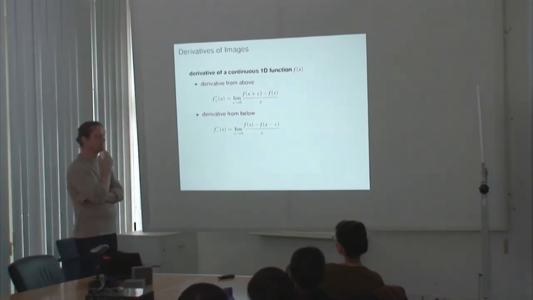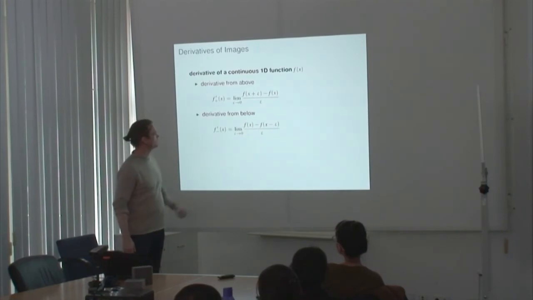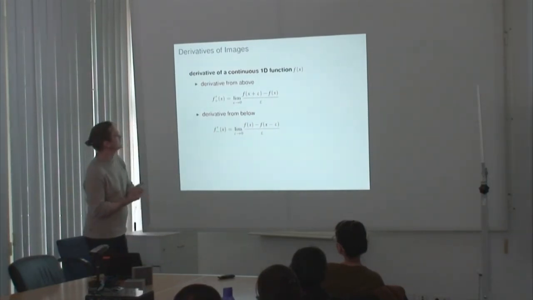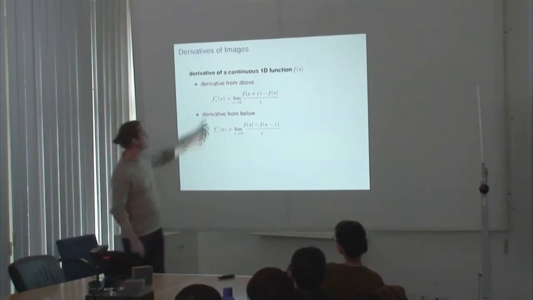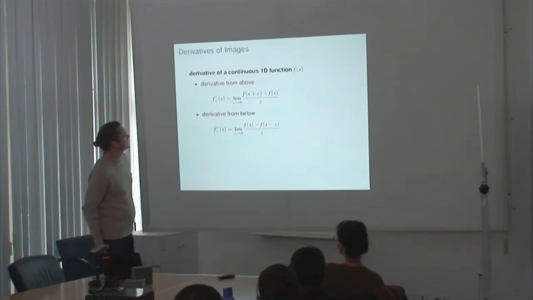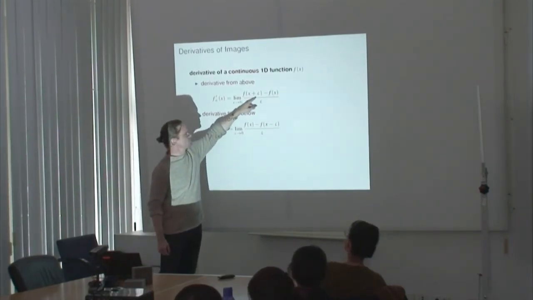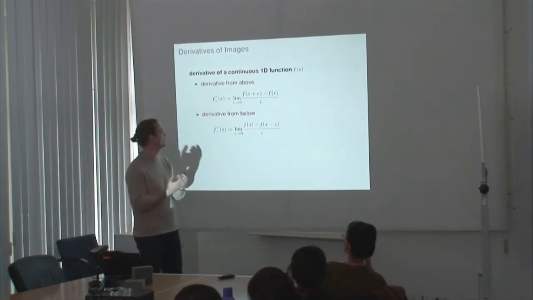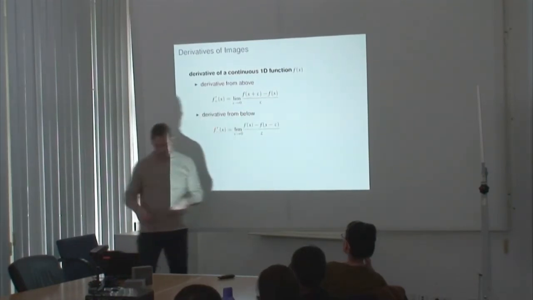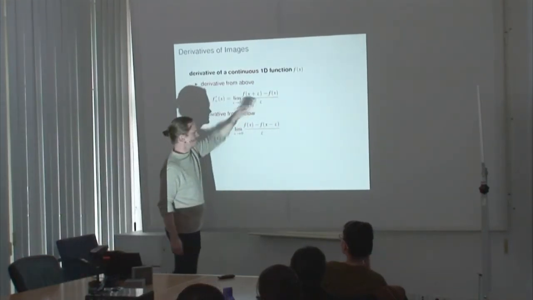And you recall that there are two things that are defined in this context, namely the derivative from above and the derivative from below. And just recall that the derivative from above, I'll write it as f prime plus at x, is given as the limiting process where we consider the value of the function f at x plus some epsilon, which will become very small, minus the value of the function at x. And this difference is being divided by epsilon.